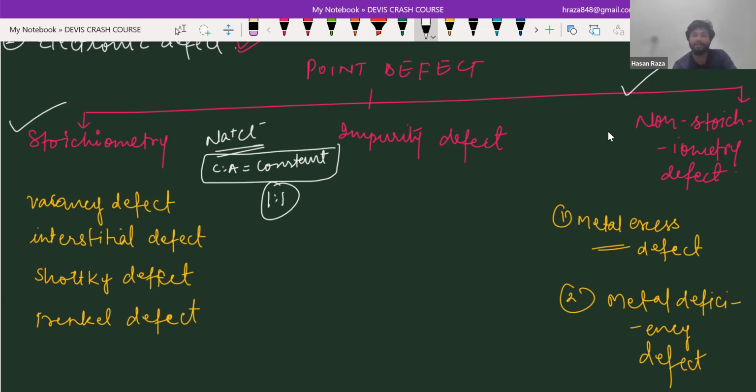But in a non-stoichiometric defect, the cation and anion ratio is not constant; it can change. It might happen that cations will be greater than anions after the defect, or lesser than anions. In metal excess defect, the metal is in excess. In metal deficiency defect, the metal, meaning the cation, is lesser.